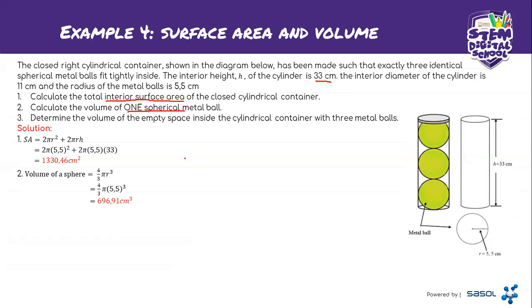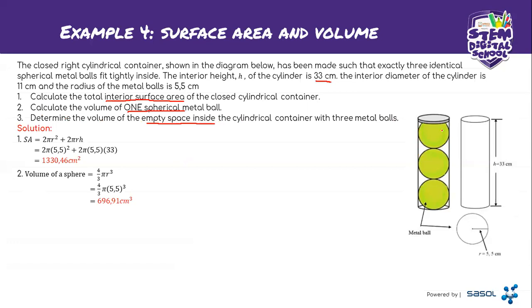The third question says: determine the volume of the empty space inside the cylindrical container with 3 metal balls, meaning they want us to calculate the volume of this empty space. You can see this space that we have here.